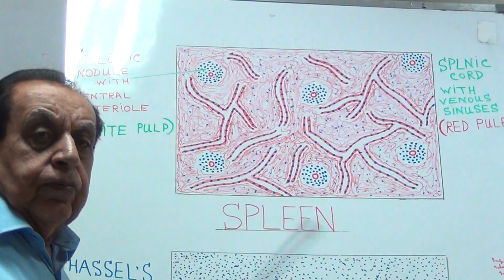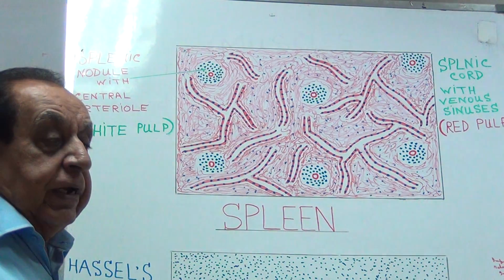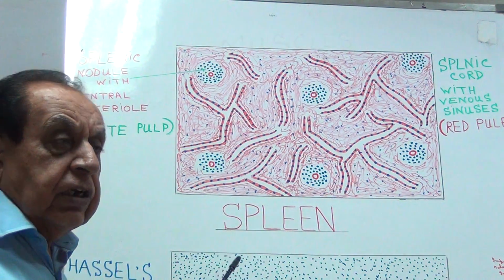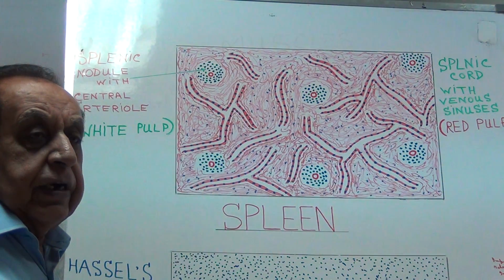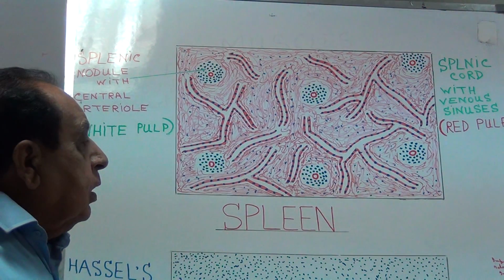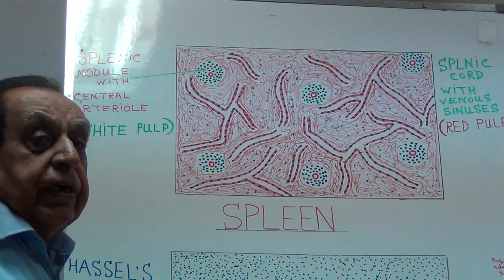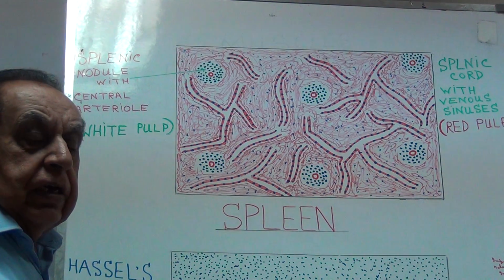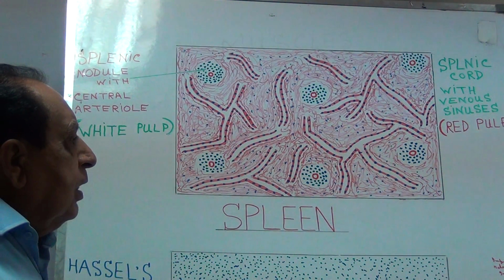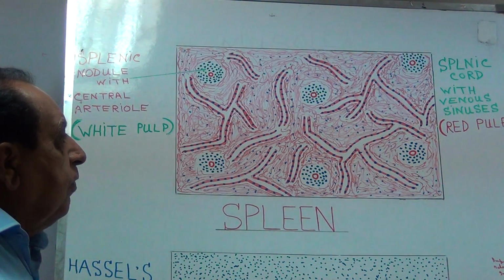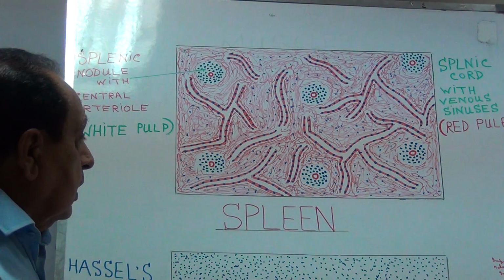At the hilus, the septa enter the spleen and divide it into incomplete lobules. The septa also arise from the remaining part of the capsule of the spleen.